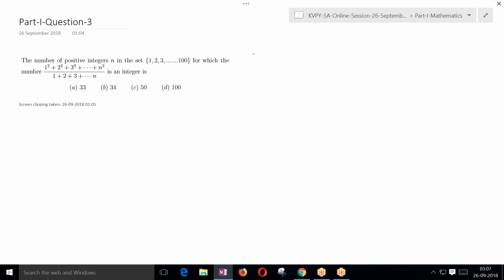So first we need to simplify. Let x is equal to 1 square plus 2 square plus 3 square plus up to n square divided by 1 plus 2 plus 3 plus up to n. Now this implies x is equal to the sum of the squares of the first n natural numbers.